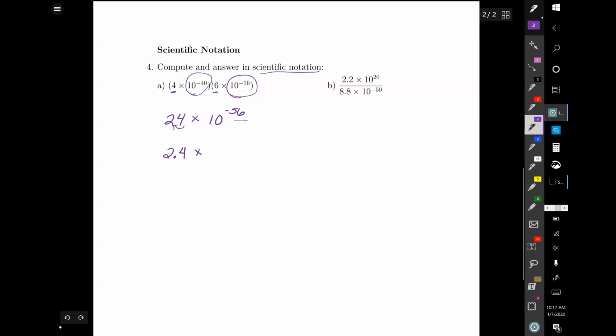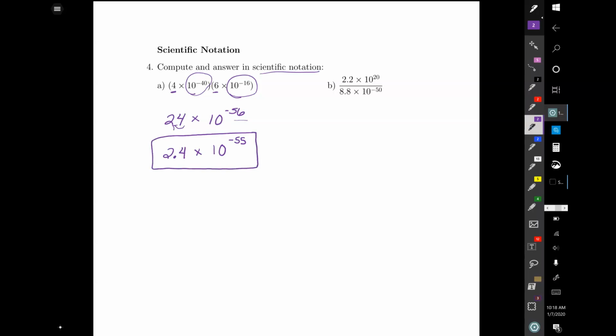So this power would be one higher. It's negative, so instead of negative 56, it's going to be negative 55 because I'm adding 1. So my final answer is 2.4 times 10 to the negative 55.